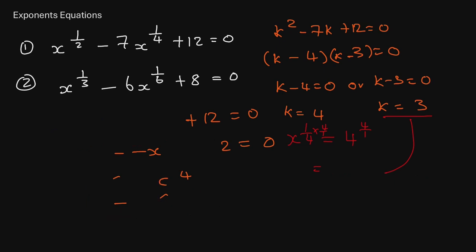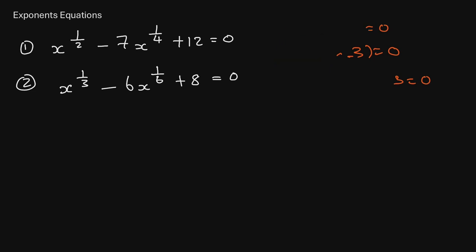So now let us see how to do the second problem. We are going to do the very same thing. The first thing we do is check if we can make these exponents the same. 1 over 3 is the same thing as 1 over 6 plus 1 over 6, because 1 over 6 plus 1 over 6 is 2 over 6, which is the same thing as 1 over 3.